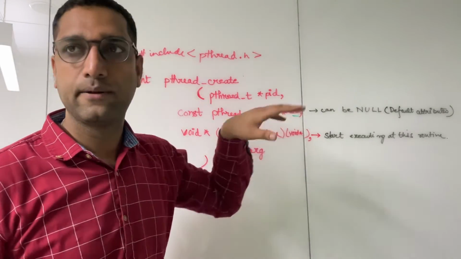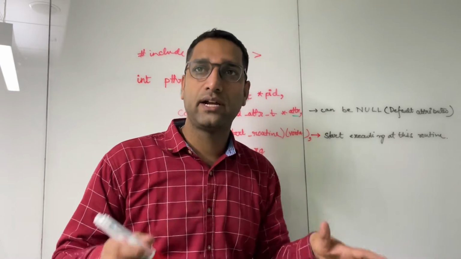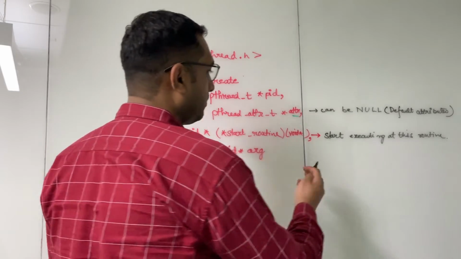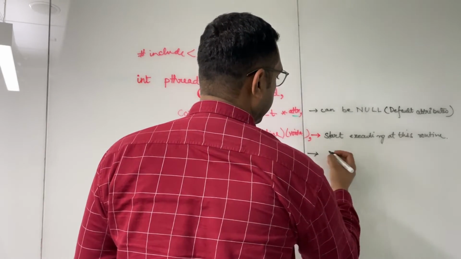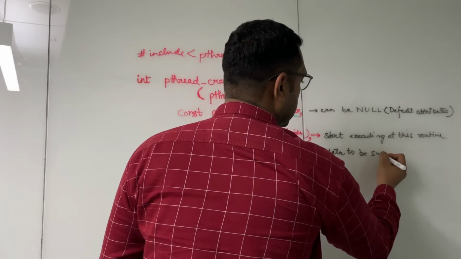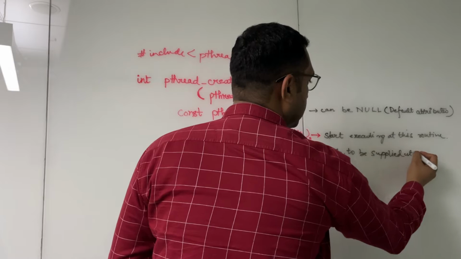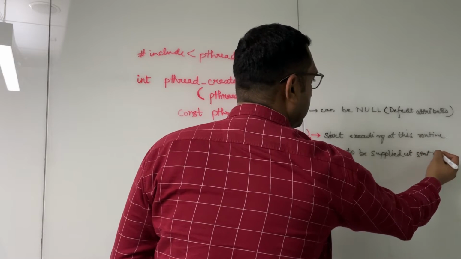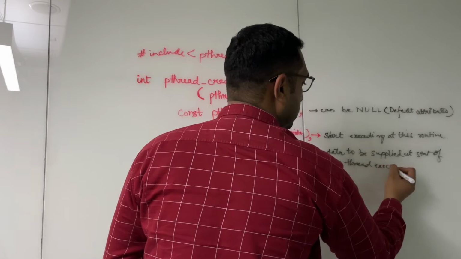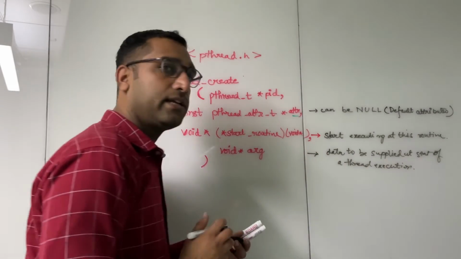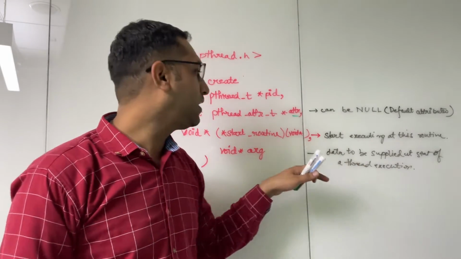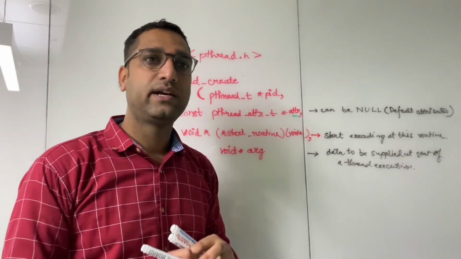This thread may also need some data at the start, so that we can pass here: data to be supplied at the start of thread execution. You understand? This is fine. And how would you do that? It's always void asterisk, so it's simple.